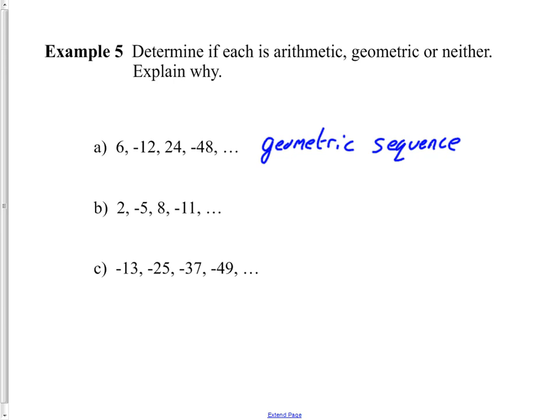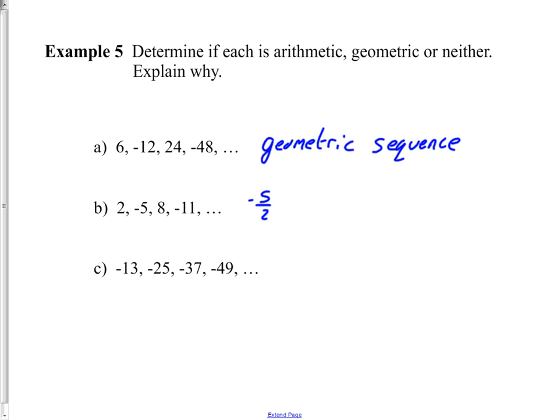In part B, it doesn't look like I'm adding anything because my numbers are switching back and forth between positive and negative, so the only thing that it could be then would be a geometric sequence. If it's a geometric sequence, that means I have a common ratio. So if I go -5 divided by 2, and I multiply by 2, I would get -5.